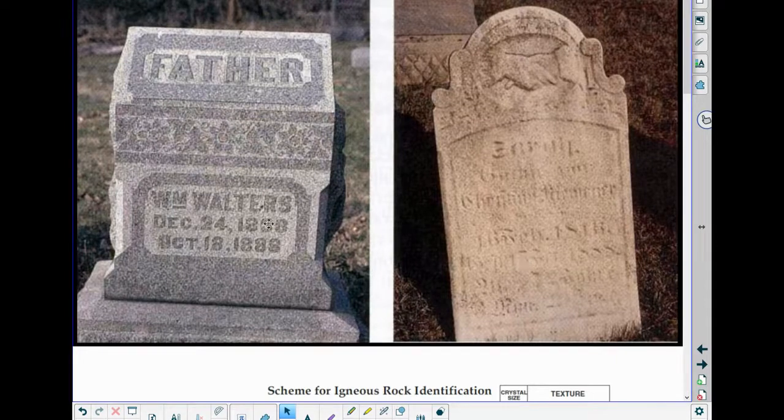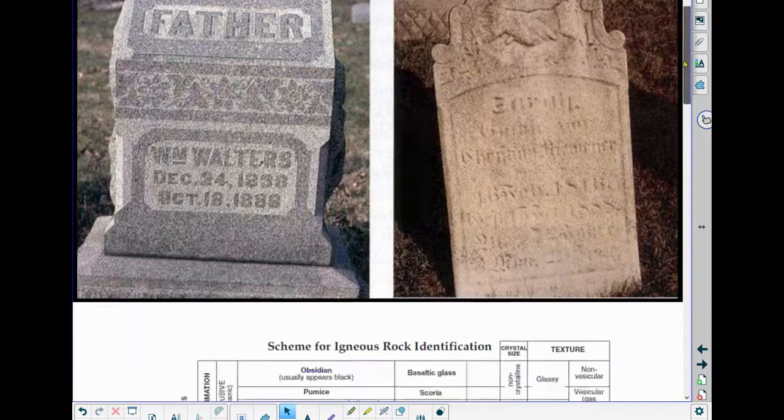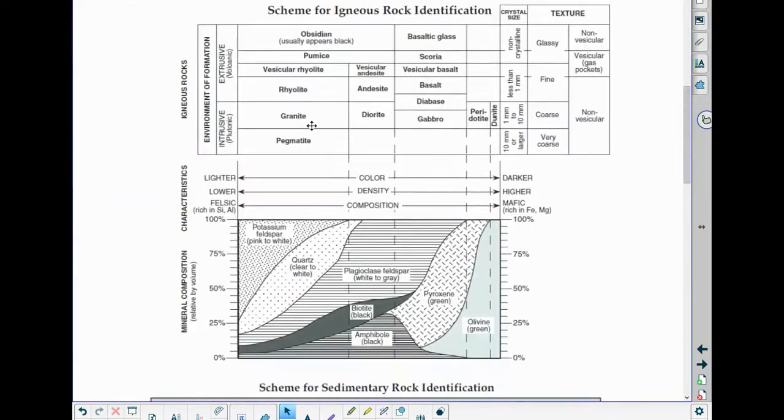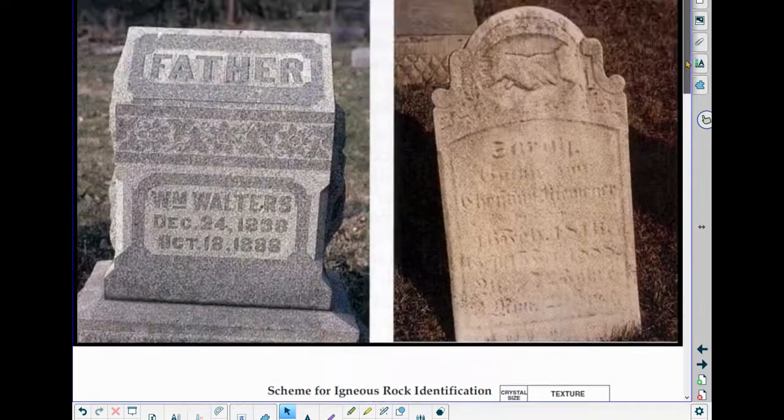The one on the left is made out of an igneous rock, diorite, or a granite. The one on the right is made out of limestone. So over the last 130 plus years, this rock here that is made out of a granite, which has feldspar and quartz, which have hardnesses of 6 and 7 respectively, is going to weather slower than the gravestone made out of limestone.